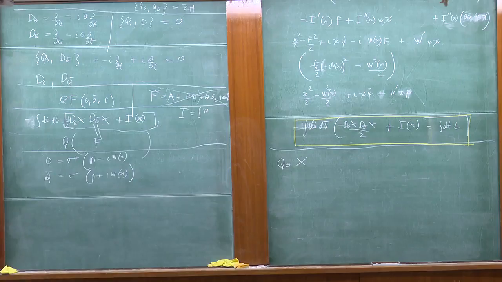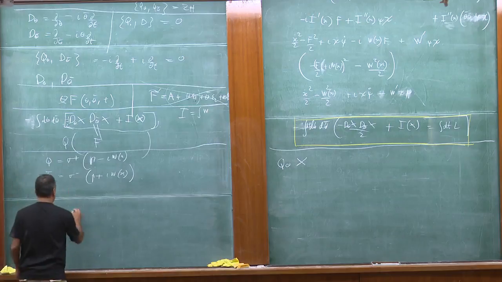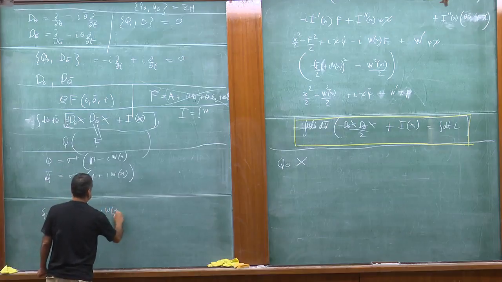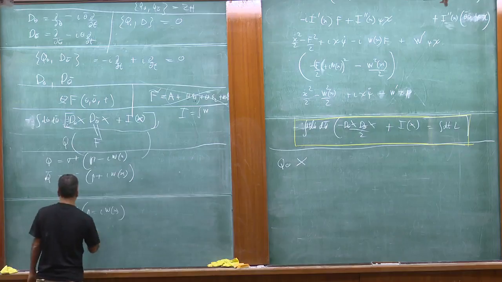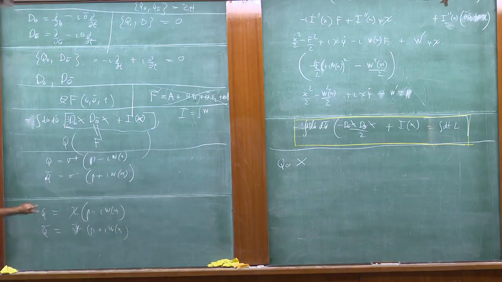Now, we know that this sigma plus is chi. So effectively q is equal to chi times P minus iW'(x), and q bar is equal to psi times P plus iW'(x). I'm not sure whether my q and my q bar are the same or have got interchanged yet. It's one of the two.